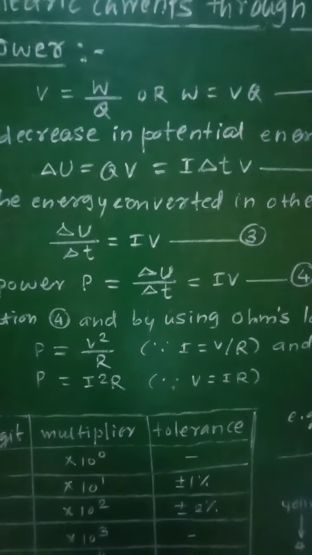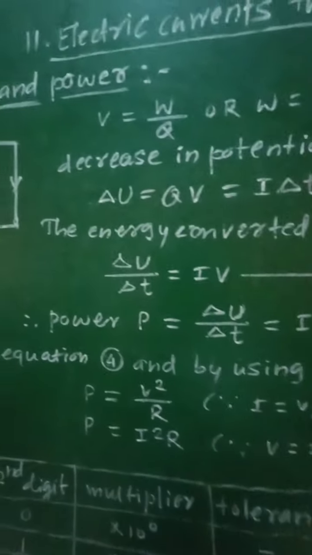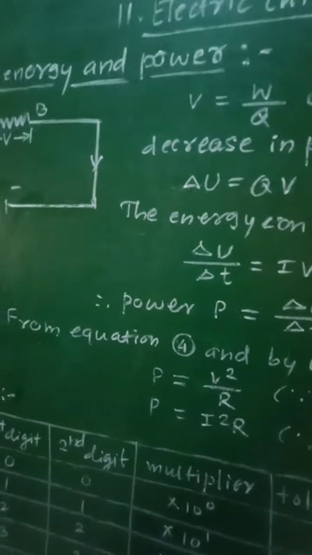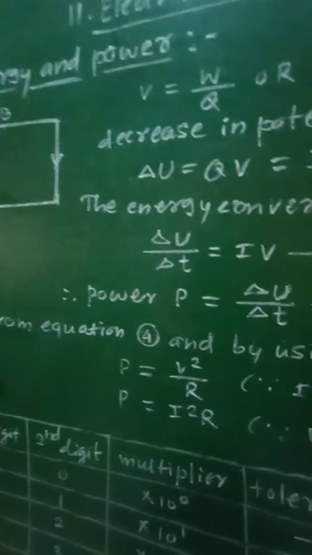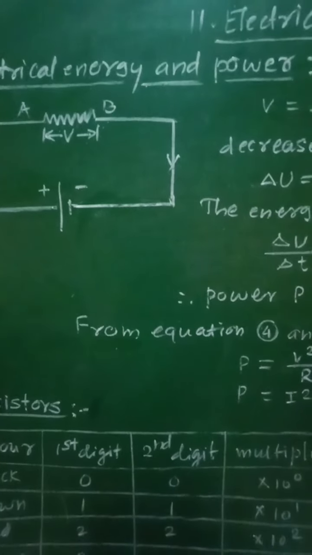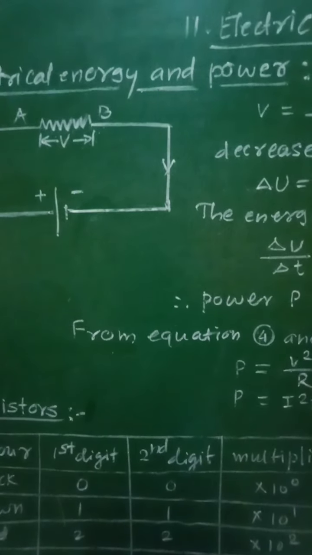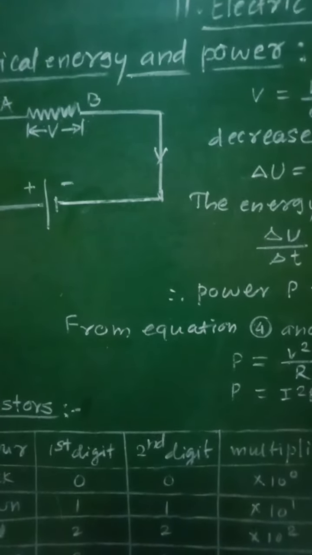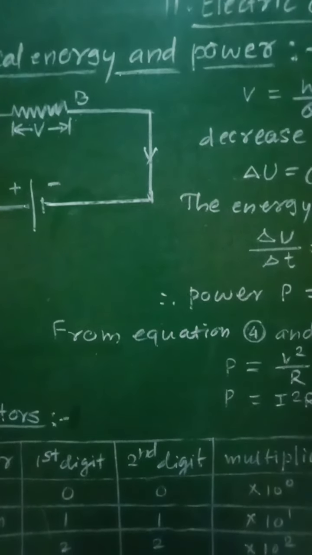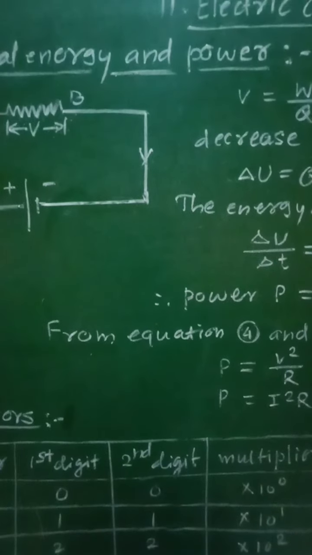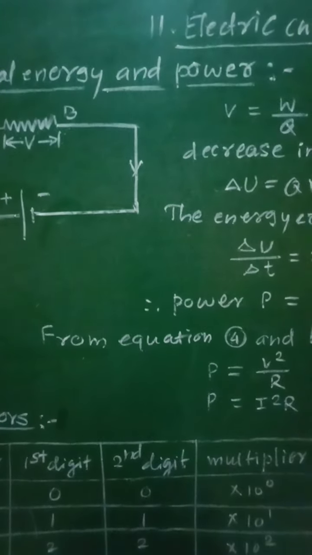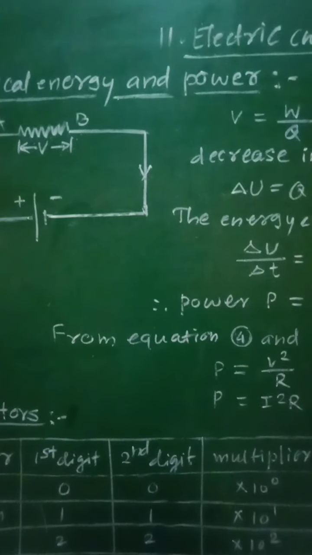And when these electrons collide with the ion cores, the energy gained by them is shared among the ion cores, and hence the vibrations of the ion cores increase.